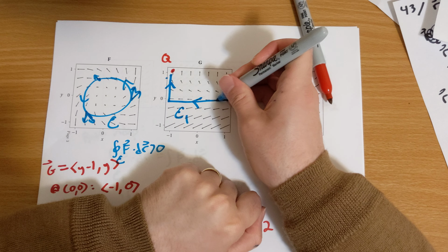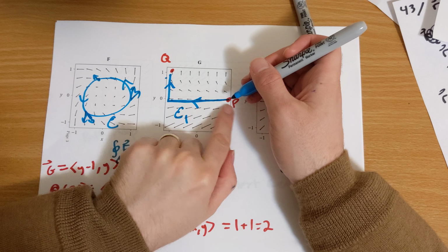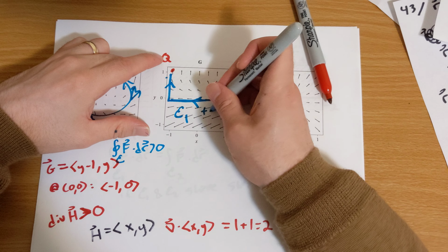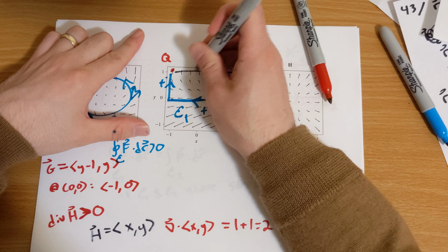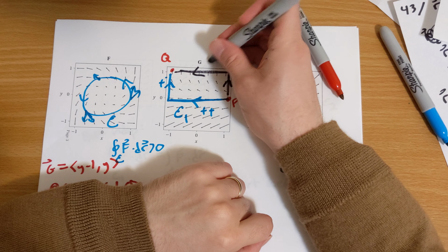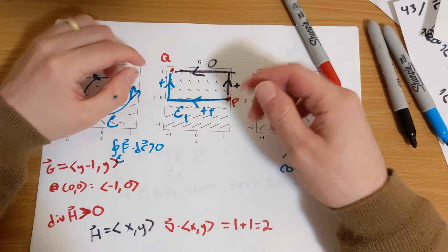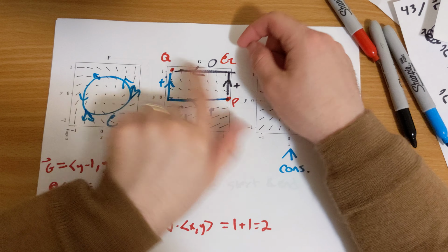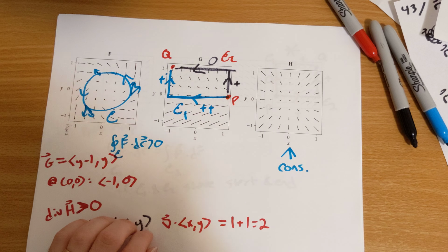We are picking up a very large value going from here to here because we're going in the same exact direction as those vectors, and it's still going to be positive here. Whereas if we went here and here, along this side we're moving perpendicular to the vector field, so that will just be 0. This will be positive, a similar value to over here, but I think we can see that the integral along C1 will be bigger than the integral along C2. This isn't conservative. So that shows us H is conservative.